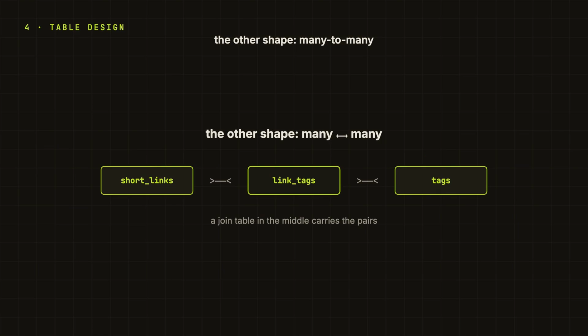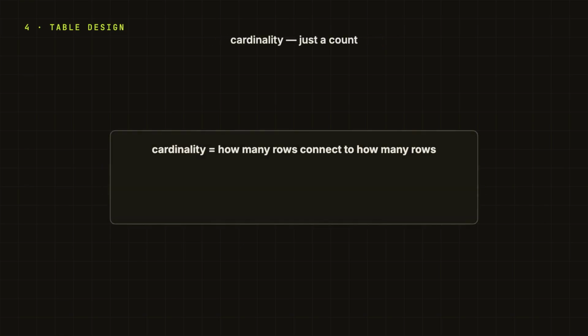Let's say a short link can have many tags and one tag can belong to many links. Then we usually create a small table in the middle like link tags. This word, cardinality, only means how many rows on this side connect to how many rows on that side. One to one, one to many, many to many, that is all.